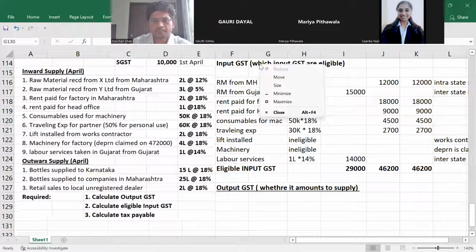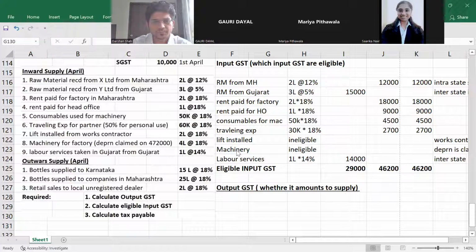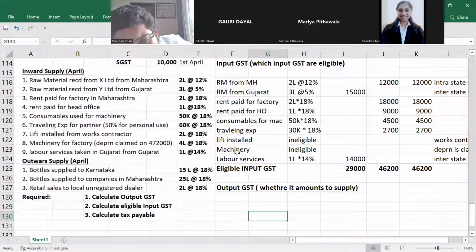In point number 8, the depreciation claim is given as 4,72,000, and in the outside column it's given as 4 lakh. So do we need to consider the difference? 4 lakh into 18% comes out to 72,000. So if depreciation is claimed on 4,72,000, it means depreciation is claimed on value inclusive of GST.